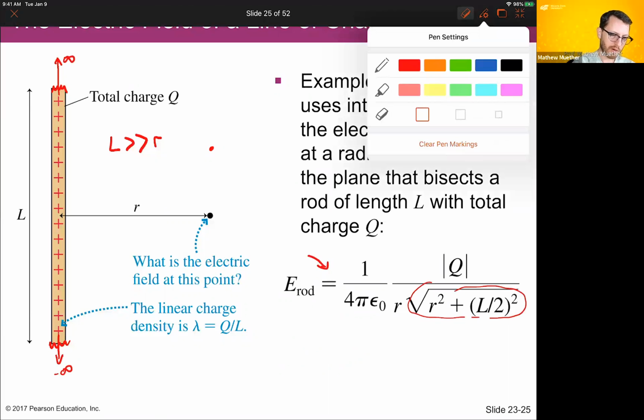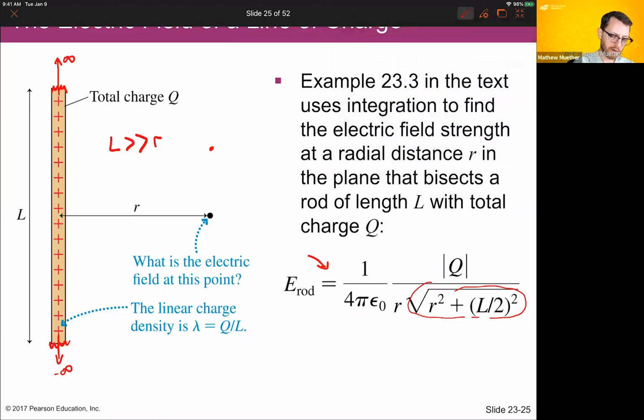I just want to rearrange this expression and rewrite it like this: 1 over 4 pi epsilon naught, and then the charge Q divided by R, and then the square root of, and now I'm going to pull that L over 2 squared out in front here.